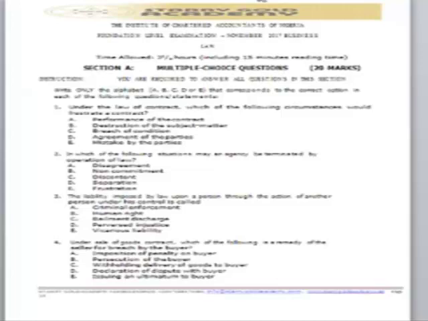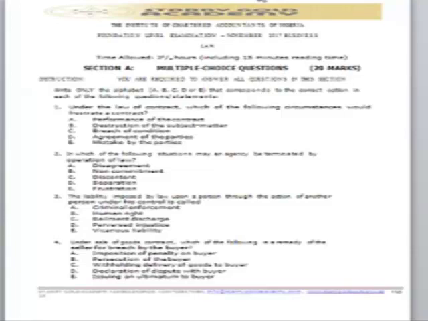If you look at the first question, for example, here, before we go to section B, I want to use some time to deal with it. It says, under the law of contract, which of the following circumstances will frustrate a contract? By frustrate a contract, I mean which of the following will make a contract not enforceable.